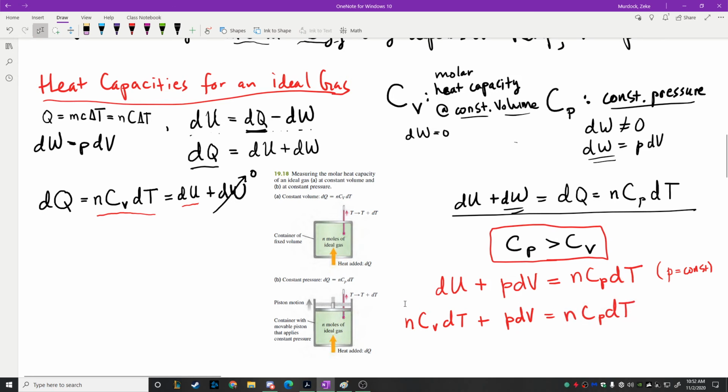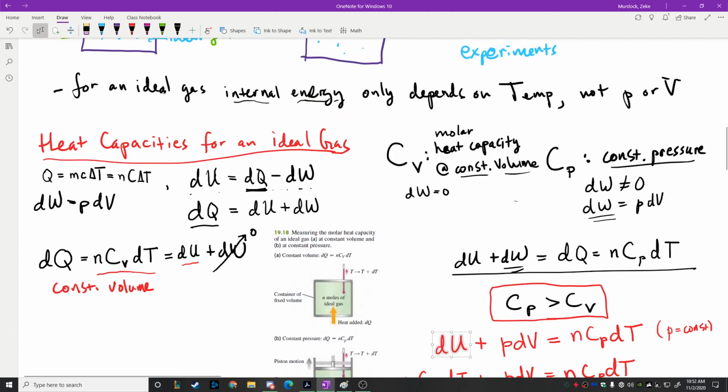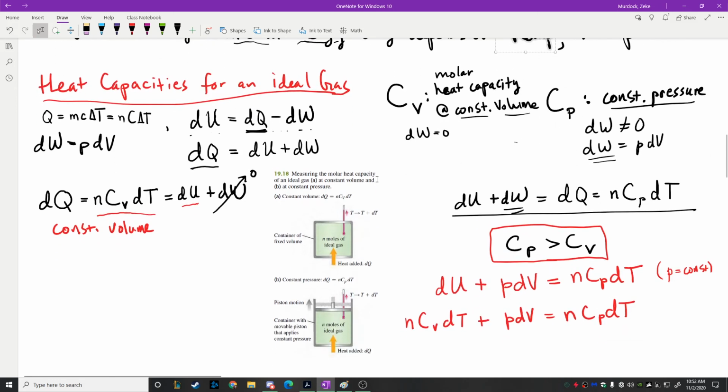That doesn't change in this line. So the only thing that changes now is whatever this quantity dU is, the change in internal energy of the gas. If the temperature change in both cases is the same, then we can look at the constant volume process over here and say whatever the change in internal energy, since it only depends on temperature, I have an expression for how much the internal energy changed by right here from my constant volume process, then I can just pop it right there.